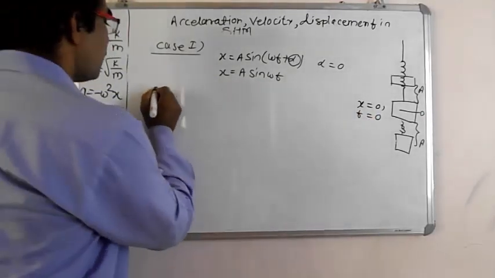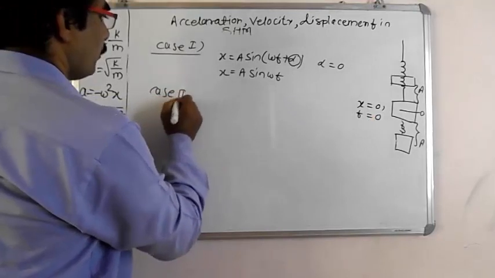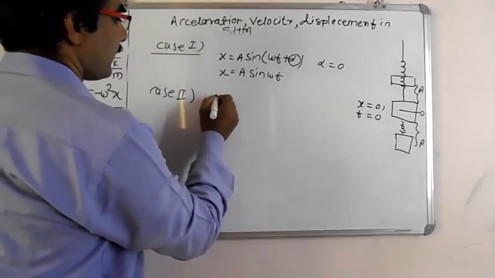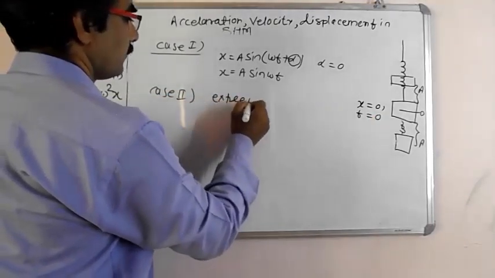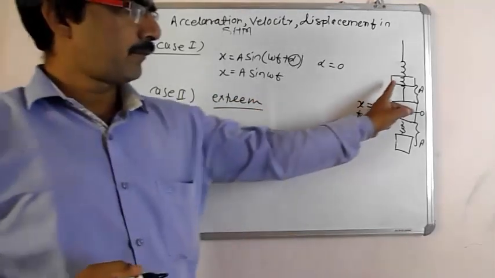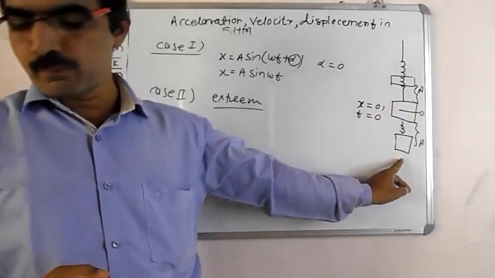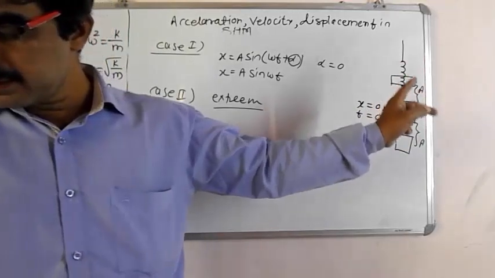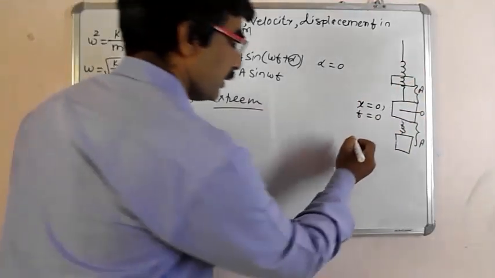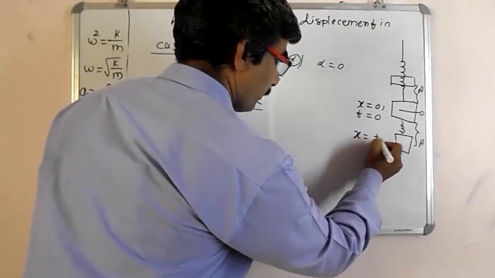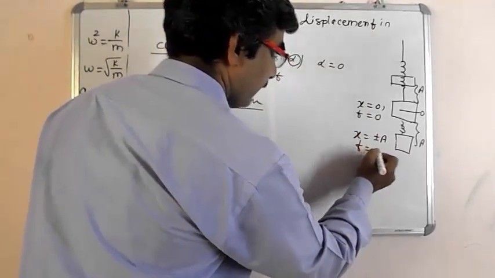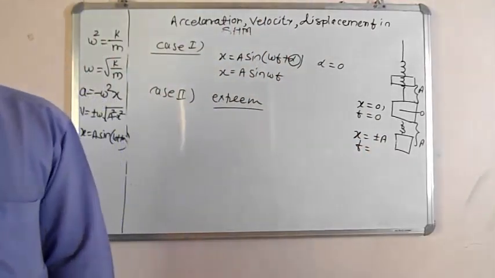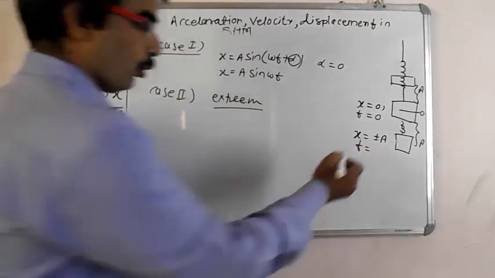Now case number 2, when the particle starts from extreme position, from this position or from this position, x equal to plus or minus a, where the time t equal to 0.